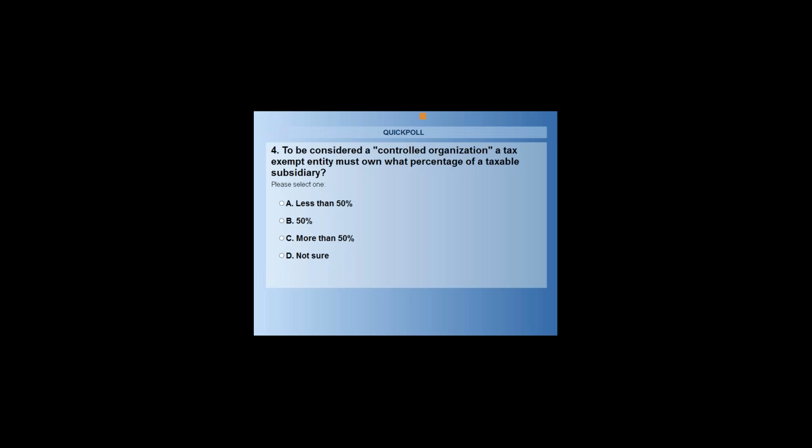Yes, we do. Thanks, Lynn. So our fourth and final polling question is: to be considered a controlled organization, a tax-exempt entity must own what percentage of a taxable subsidiary? Is the answer A, less than 50%, B, 50%, C, more than 50%, or D, you're not sure?